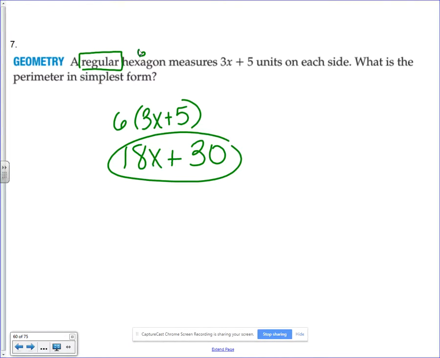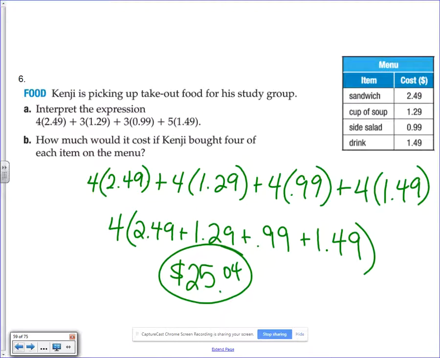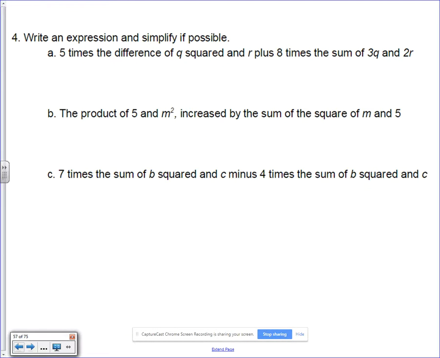So all that leaves us with now is back up to number 4. Okay. So we're going to translate these things and then we're going to simplify them. You got to look for keywords and then we'll try and write it out. Here we go. 5 times the difference. Now, folks, what does difference mean? Subtraction. And I have to multiply by the whole difference, don't I? Does it say 5 times the difference?